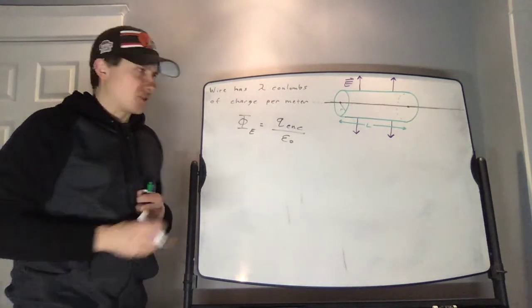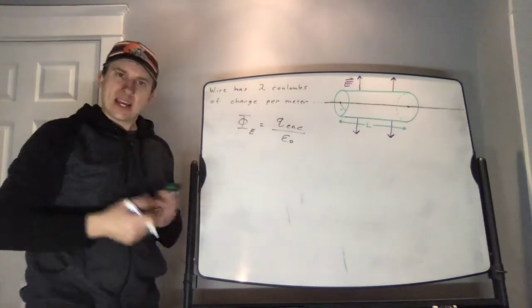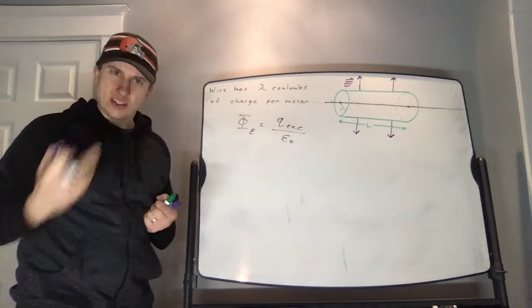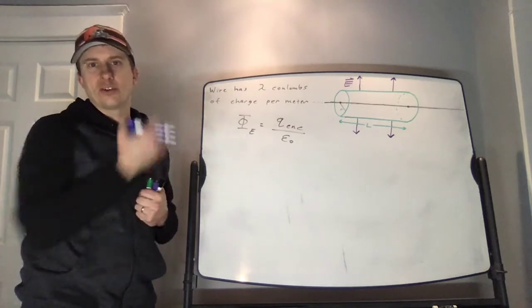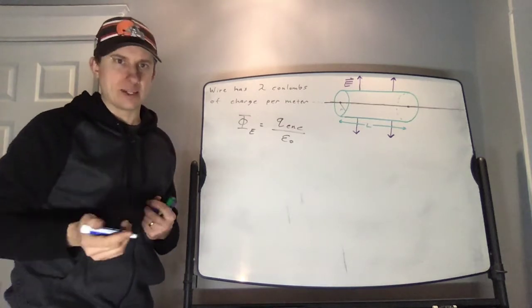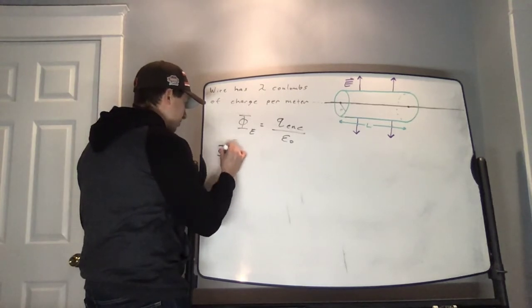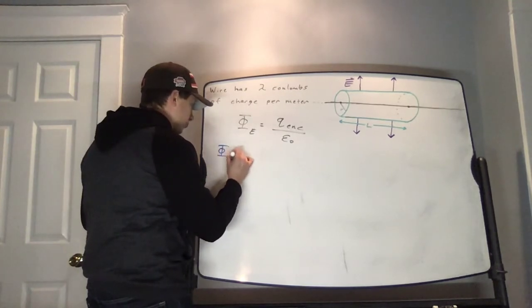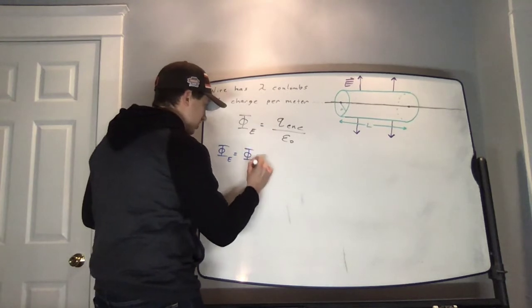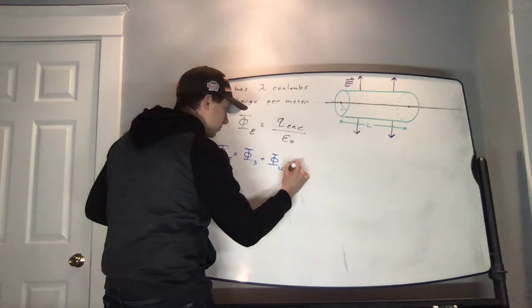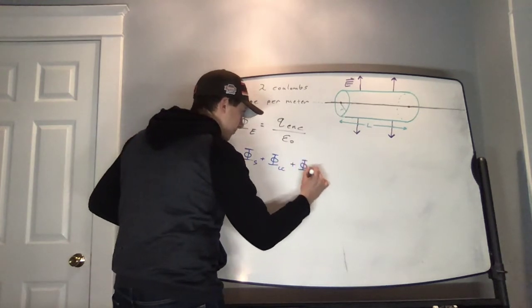The total flux through the cylinder, as I said, is going to be the flux through the side of the cylinder plus the flux through the left cap of the cylinder plus the flux through the right cap of the cylinder. So I could write that as the total flux through the cylinder is going to be the flux through the side plus the flux through the left cap plus the flux through the right cap.